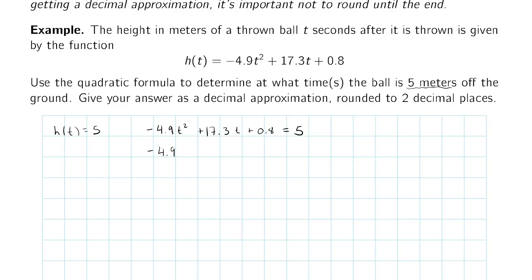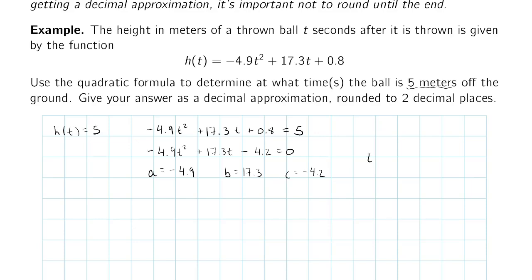Negative 4.9 t squared plus 17.3 t minus 4.2 equals 0. For the quadratic formula then, we'll have a equals negative 4.9, b equals 17.3, c equals negative 4.2. And our variable here is t.